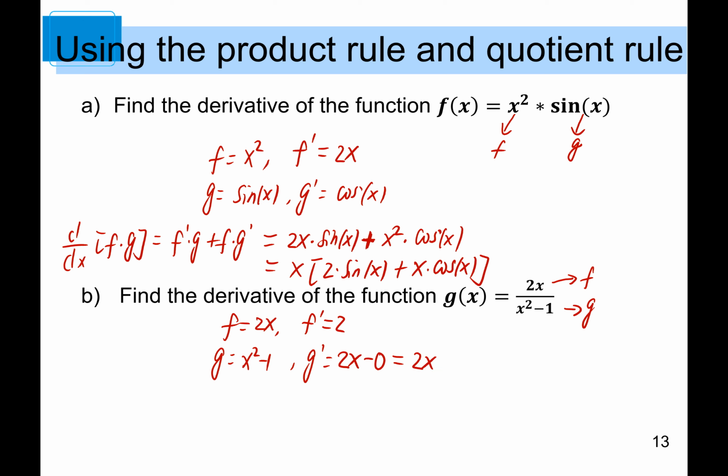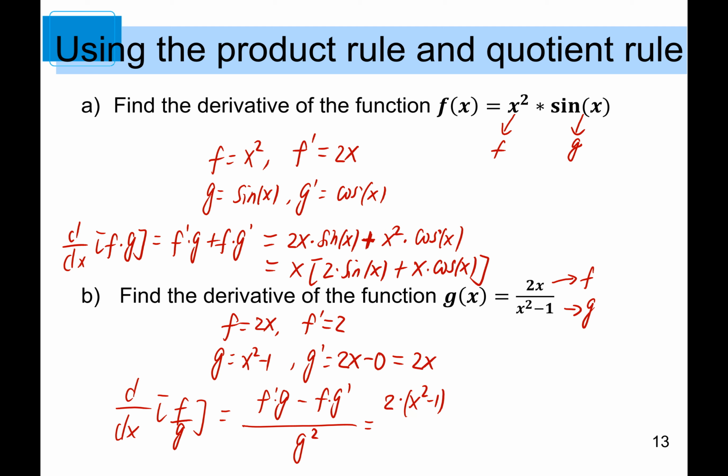Alright, now we just apply the quotient rule. It's going to be (f prime times g minus f times g prime) over g squared. f prime is 2 times g, which is x squared minus 1, minus 2x times g prime, which is 2x, over g squared, which is (x squared minus 1) squared.